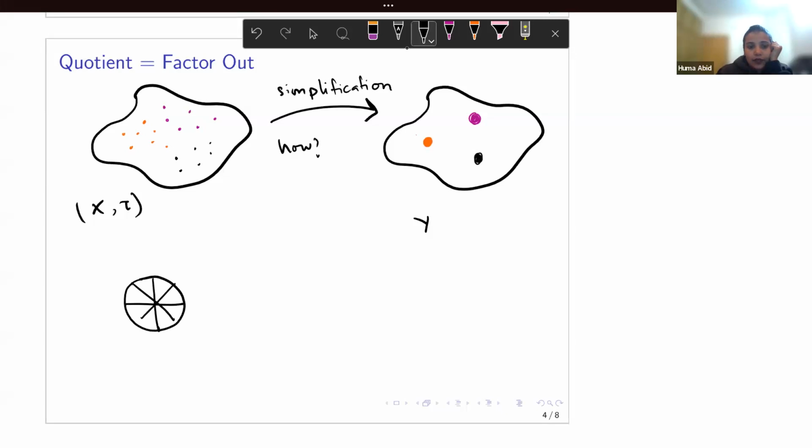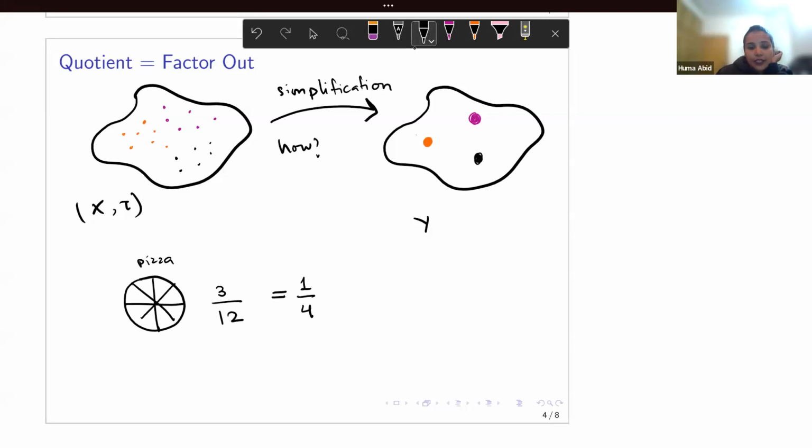A simple example of it is the process of factoring out. So I'm having pizza with my friends, and there are 12 slices in the pizza, and I say I ate 3 out of those 12 slices. It's easier for you to understand if I say, for example, I ate 1/4 of the pizza.